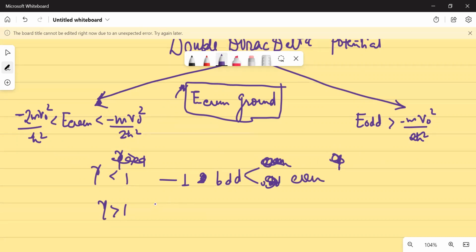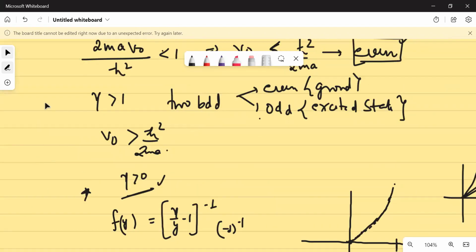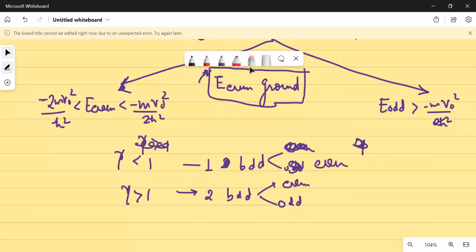And if gamma is greater than 1, then I have two bound states, right? Check it in the paper, so that I do not write anything wrong by mistake. If gamma is greater than 1, there will be two. Is that clear to you? Even would be the ground state.